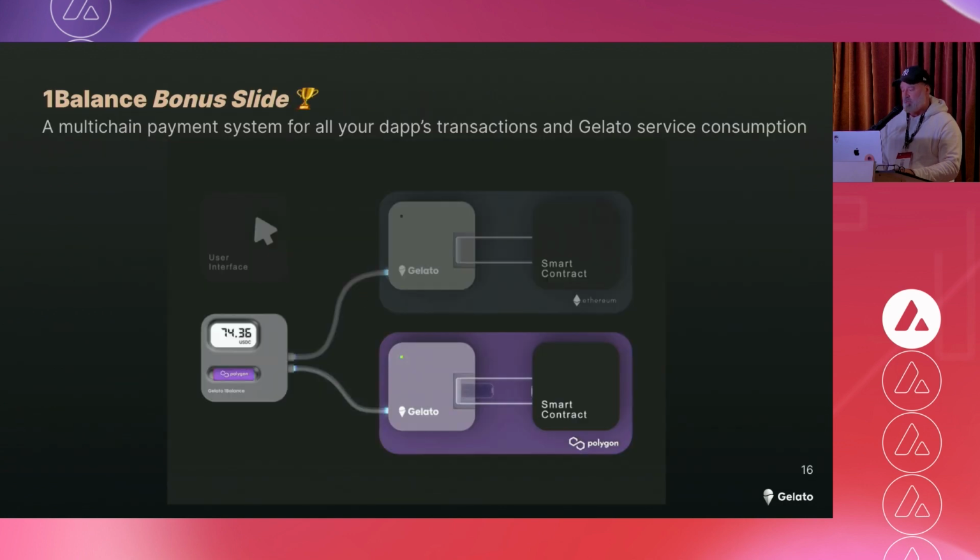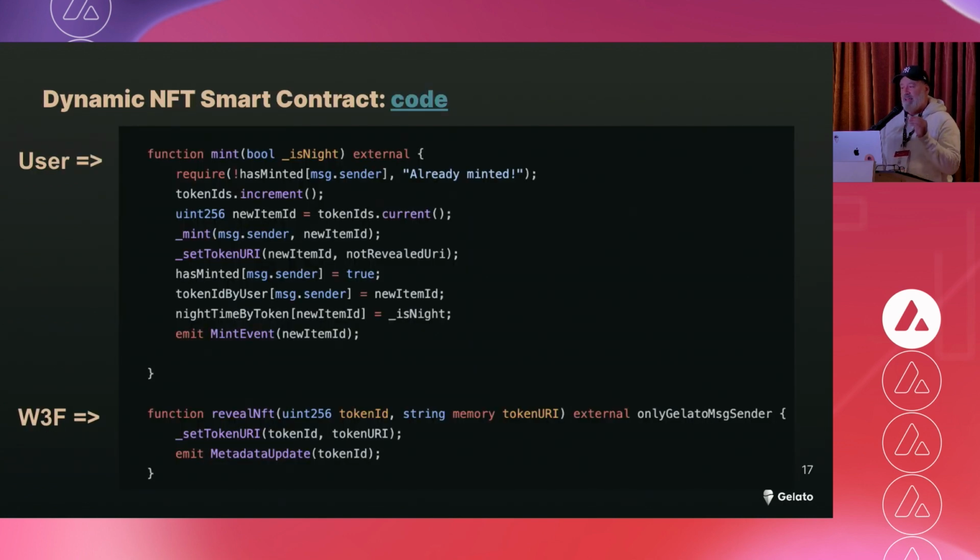Then, when the Web3 function executes the transaction, it calls this reveal NFT with the newly created OpenAI URI. And here is where we update the metadata of the minted NFT.